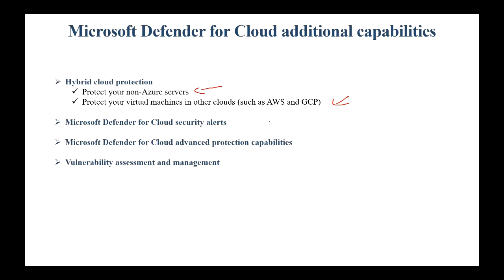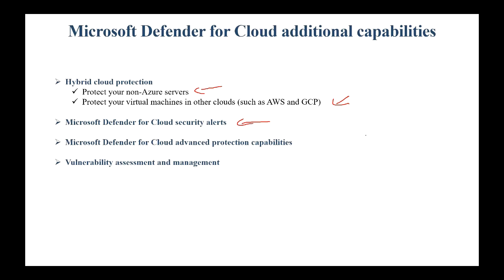Now, we also have the Defender for Cloud security alerts as an additional capability. And of course, when Defender for Cloud detects a threat in any area of your environment, it generates a security alert. These alerts describe details of the affected resources, suggested remediation steps, and in some cases, an option to trigger an automated response via a logic app.